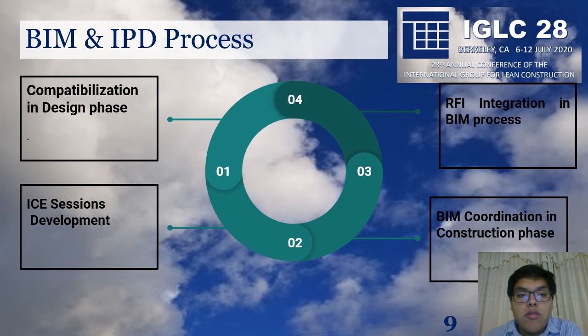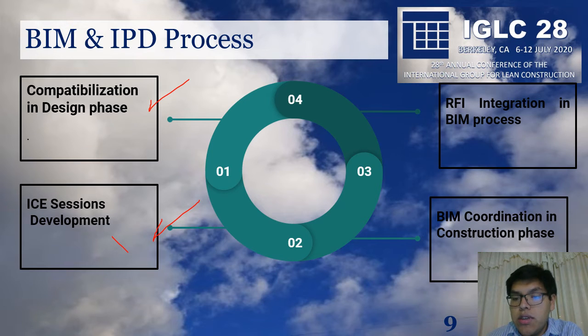The first process was compatibilization in the design stage. Since this process is iterative, it is used to communicate interaction among disciplines. The second process was the development of ICE sessions, where many stakeholders were involved since early meetings. So we propose this process.